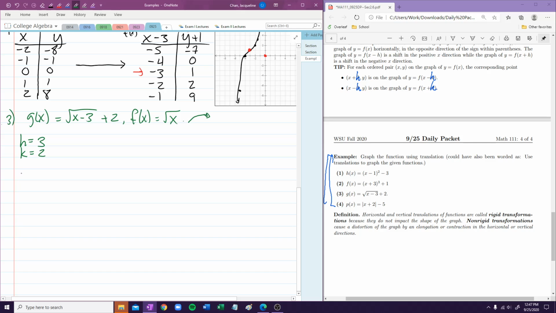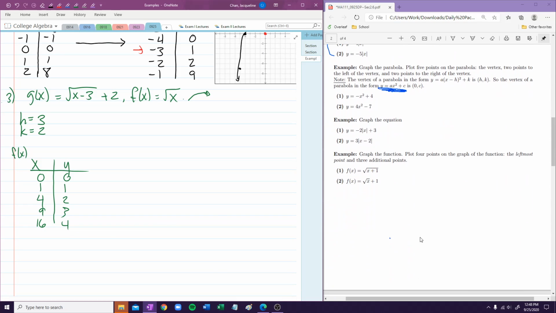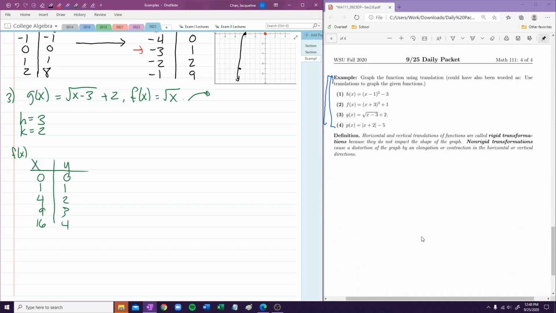So again, let's pick the points. So for f of x, what does the parent table look like? Pretty sure they start at 0. 0, 1, 4, 9, 16. Okay, let me double check. Yep, and then you get 0, 1, 2, 3, 4. Right, because remember, you take the square root.